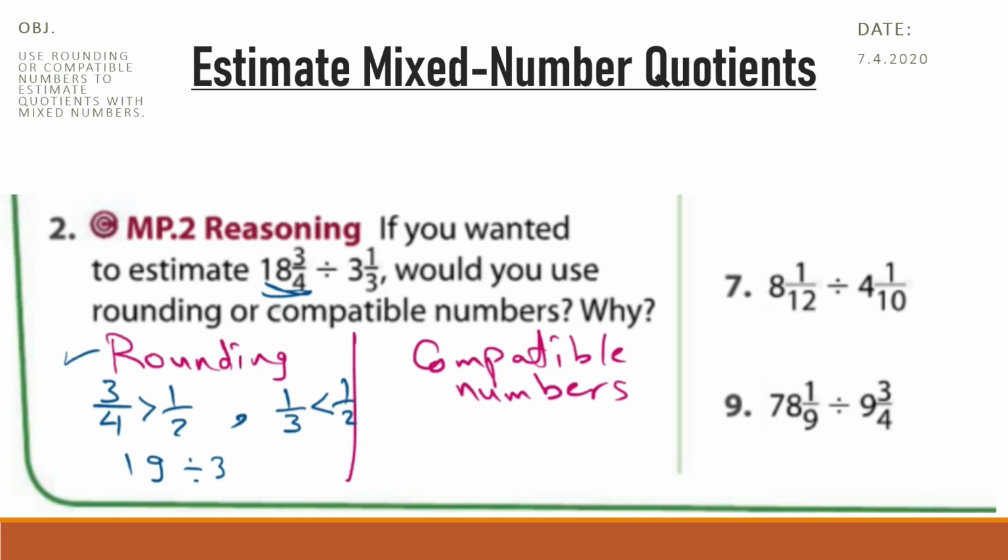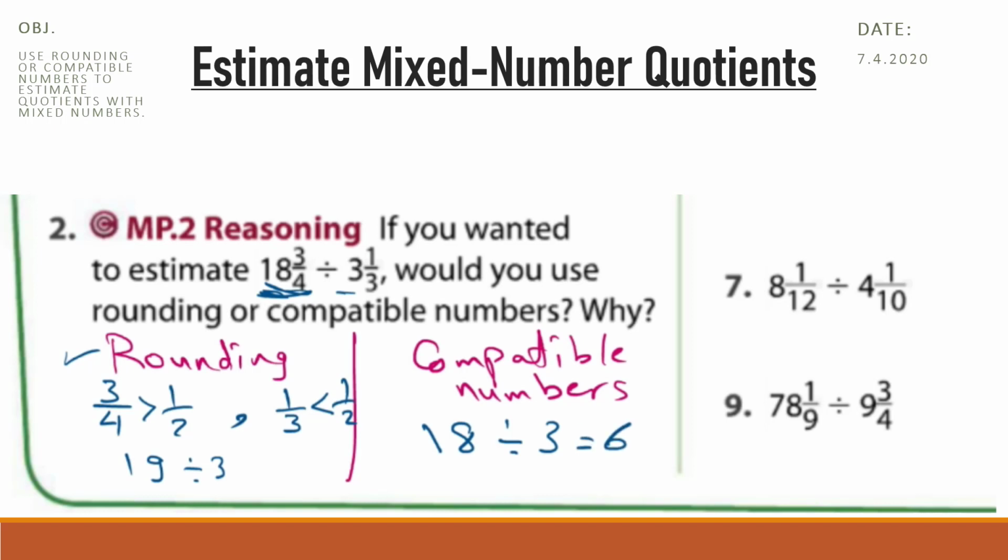So here I can use 18 and here 3, because I know that 18 is divisible by 3. So in compatible numbers, you use numbers that you can divide without using a calculator. You don't need to use long division. You don't need to do anything, just mentally. 18 divided by 3 is 6.